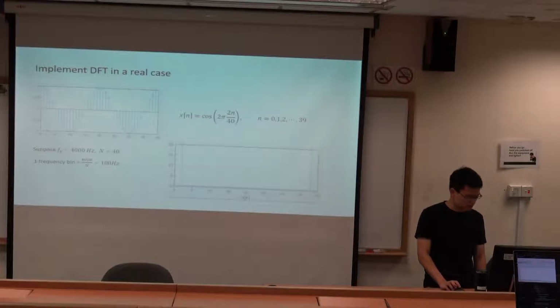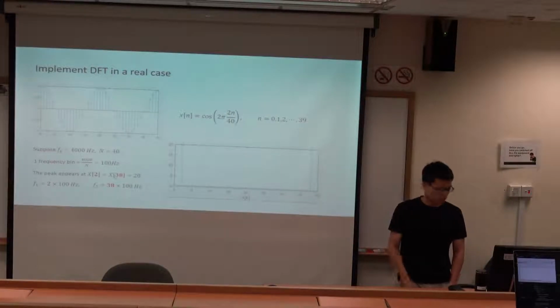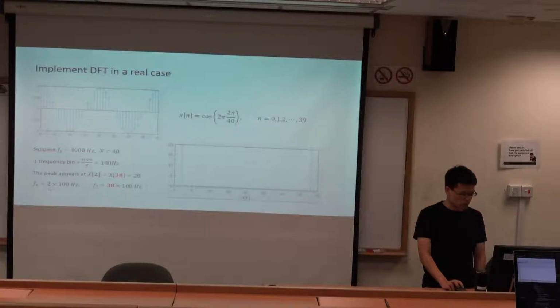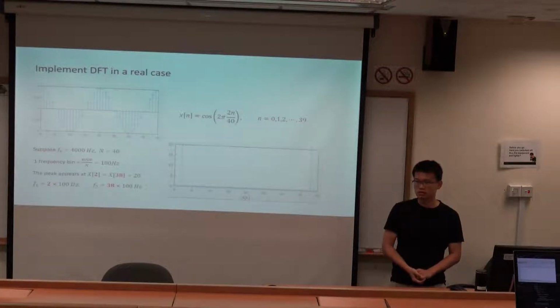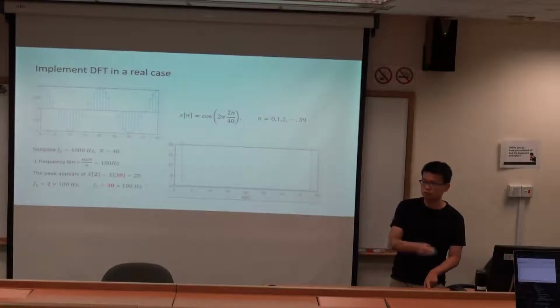And now I found that the peak appears at capital X of 2 and capital X of 38. So the frequency that capital X of 2 is denoting is 200 hertz, because one frequency bin denotes 100 hertz. So X2 is 200 hertz. If it's X1, that'll be 100 hertz. If it's X0, that means a constant value.